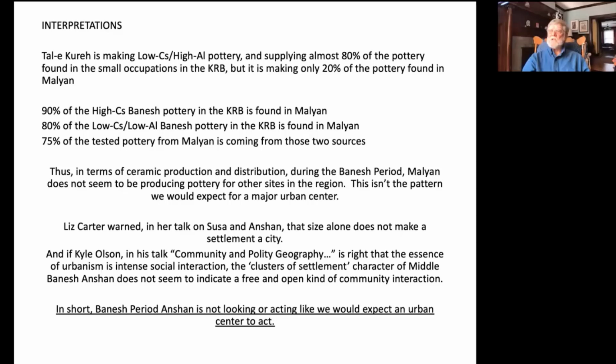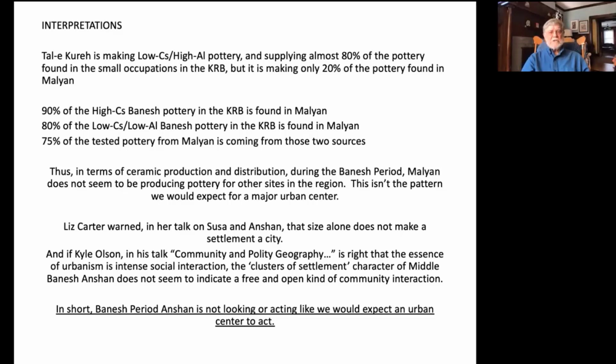And in Kyle Olson's talk, he said the essence of urbanism, and I've messed up this quotation somehow, the essence of urbanism is intense social action, interaction, and the clustered settlement character of Middle Banesh Anshan doesn't seem to indicate that there would be that kind of free and open community interaction at Malian.